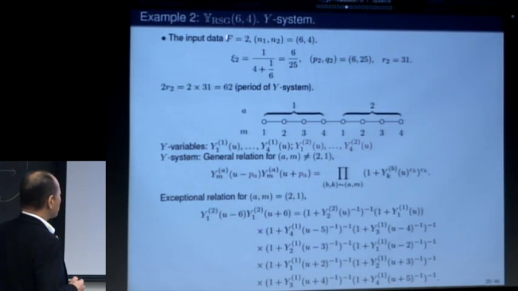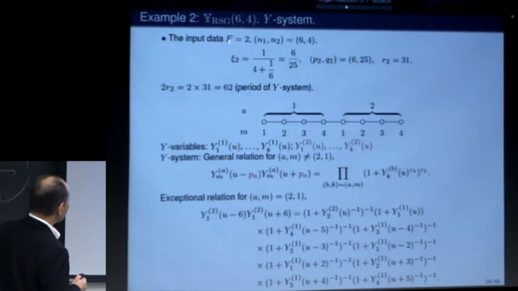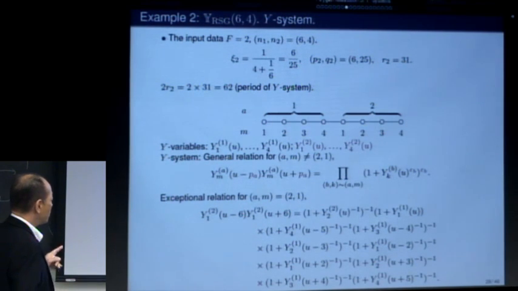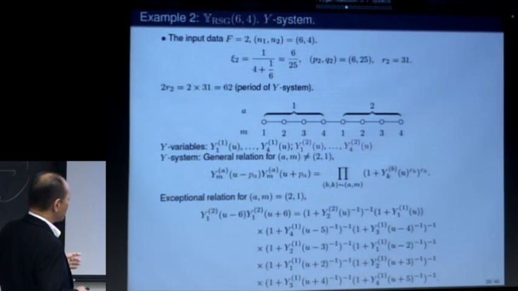So now the next one is more important. The 6-4 case, so the f equal 2 case. The continued fraction is such numbers, and we add up. We have the number 31. So we consider the triangulation of the 31-gon to give a proof of this periodicity.